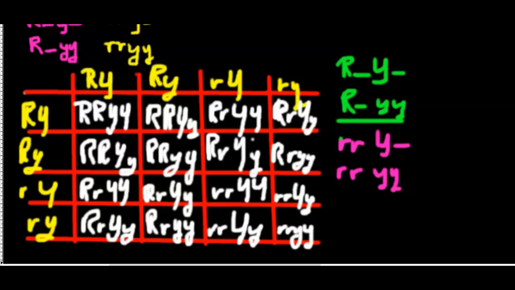But for right now, let's just go ahead and find those patterns. So I'm going to look in this big dihybrid. I'm going to look for all those that have at least one big R and one big Y, and I'm going to put a little purplish pinkish circle there. So they just need one big R and one big Y. So all these so far, they have to have one of each.